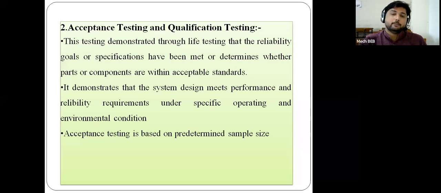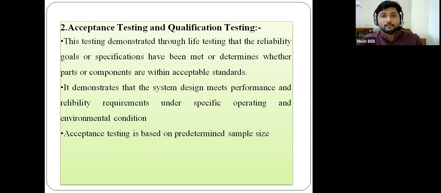Okay, then the second type of testing is acceptance testing and qualification testing. As we have discussed, during the burn-in period we perform burn-in testing on all types of products. Here, acceptance testing is based on a sample size. Let us take your mobile: whether all the dimensions of that product are as per the standard or not.